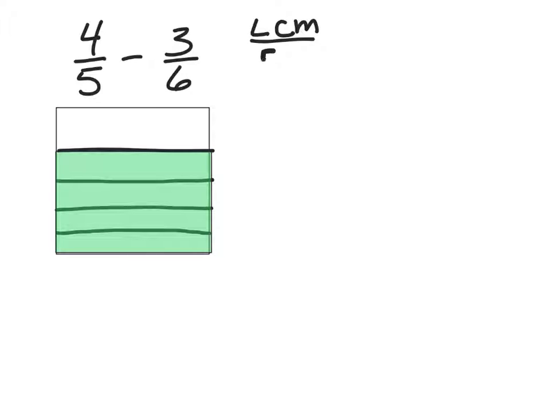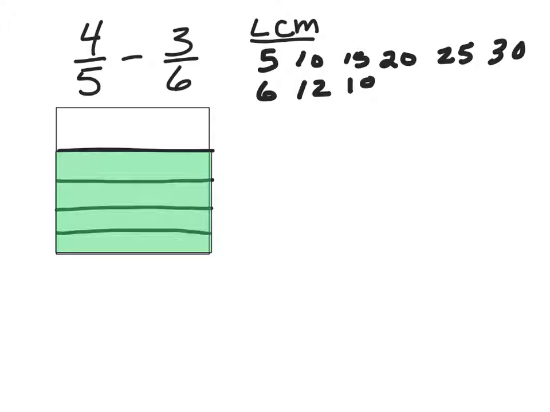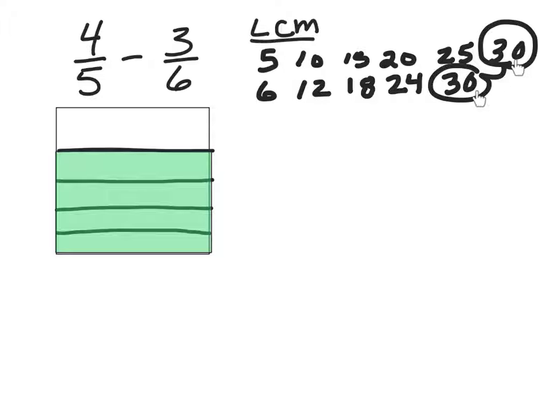So I'm going to do 5s here, 6s here, 5, 10, 15, 20, 25, and 30. And then for 6s, I got 6, 12, 18, 24, and then 30. And bam, right there we have our least common multiple, my friends. 30 is the least common multiple.